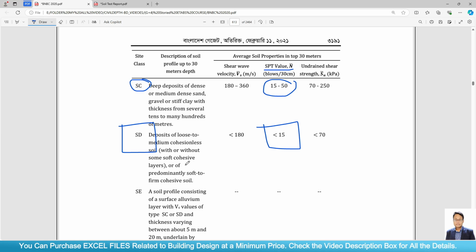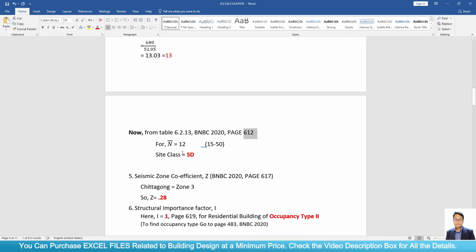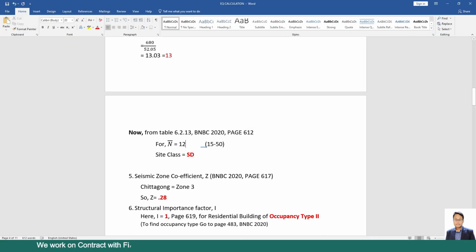That means the site class of our soil is SD, because in our case the value of N bar was 13, which is less than 15.